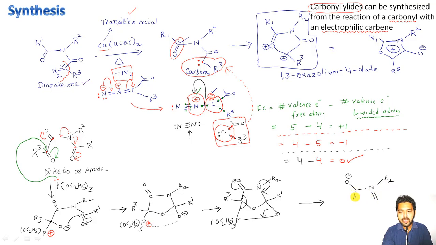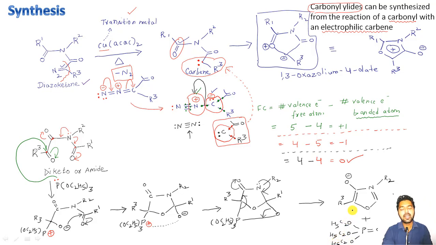This will also be a double bond like this with oxygen in between. This is having R1 here and this is having the R3. Plus what will be eliminated here? It will be a phosphorus double bond oxygen which is having 3 ethoxy groups, means OC2H5, and that I need to write thrice like this.